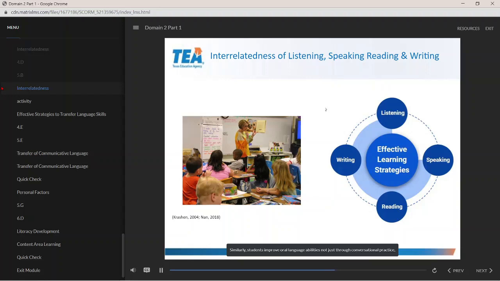Similarly, students improve oral language abilities not just through conversational practice, but through listening to others speak in different contexts. This is commonly understood as best practices among teachers. However, for English learners, comprehensible input is required to further develop their language proficiency, and it's an important component of sheltered instruction practices along with other effective strategies specifically designed to target language development.